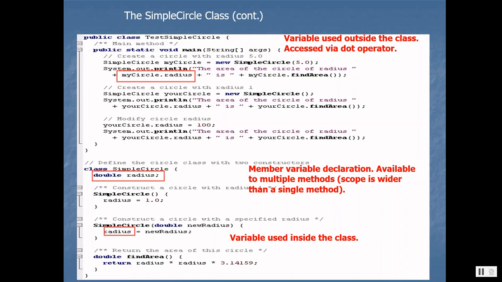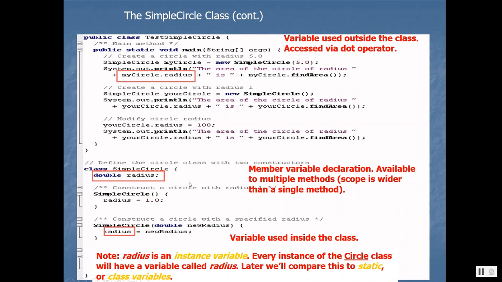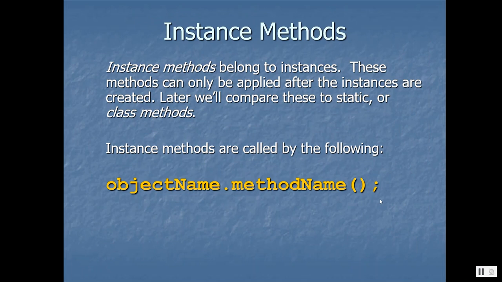Remember the this keyword. So this instance's radius. Same thing would be true down here. Radius is an instance variable. I want to re-emphasize, every instance is going to have its own radius, not the same as a static variable, which we'll talk about later.